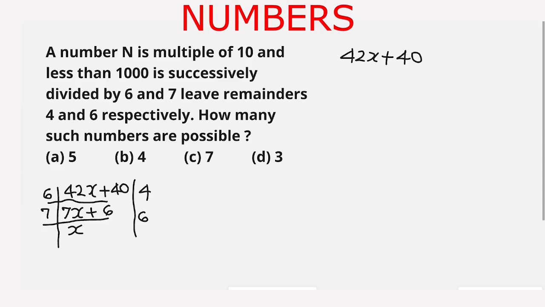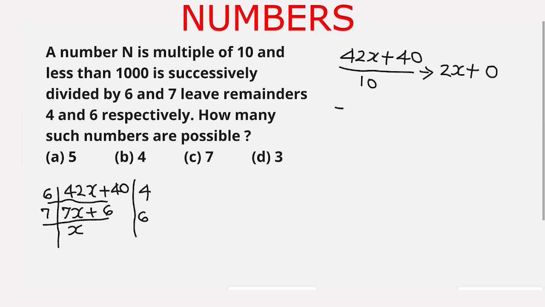It is given that this number is multiple of 10. So if we divide it by 10, the remainder must be 0. So we first divide it by 10. So 42x when divided by 10 leaves the remainder 2x, plus 40 when divided by 10 leaves the remainder 0.